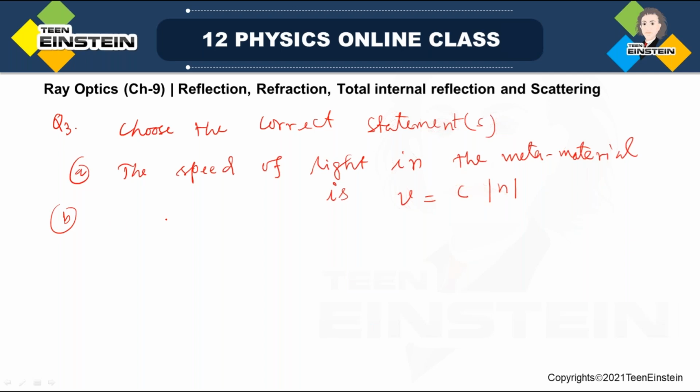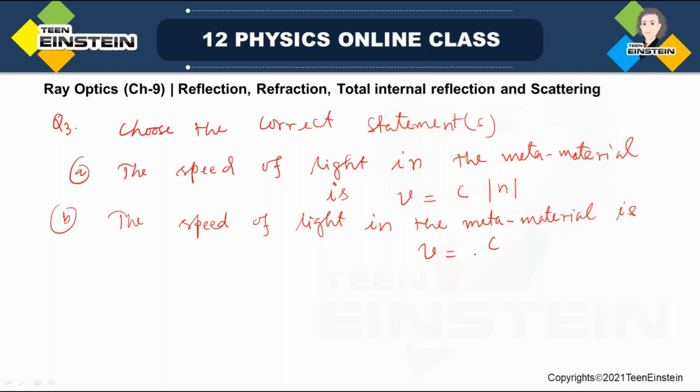The second option, the speed of light in the metamaterial is V is equal to C by modulus of n.